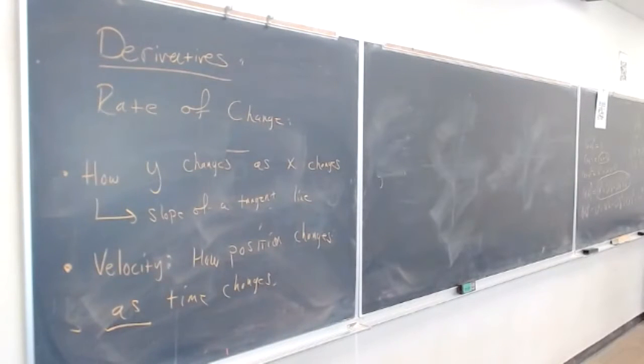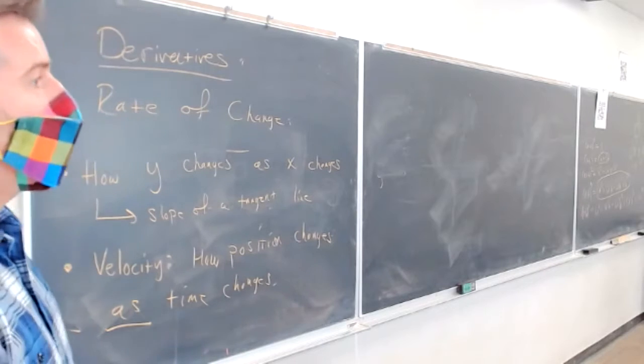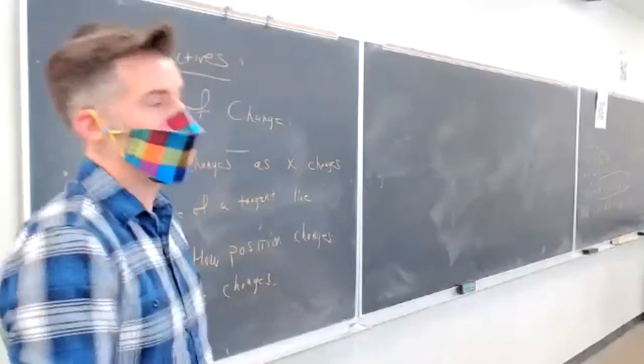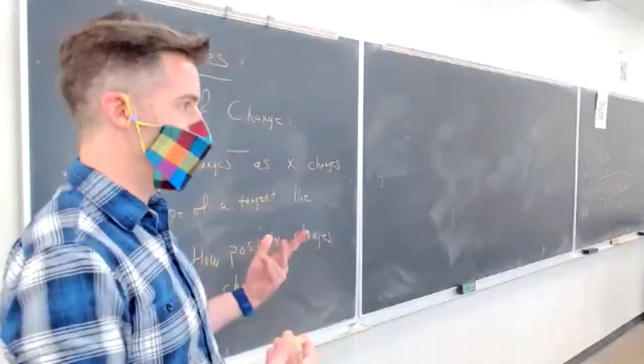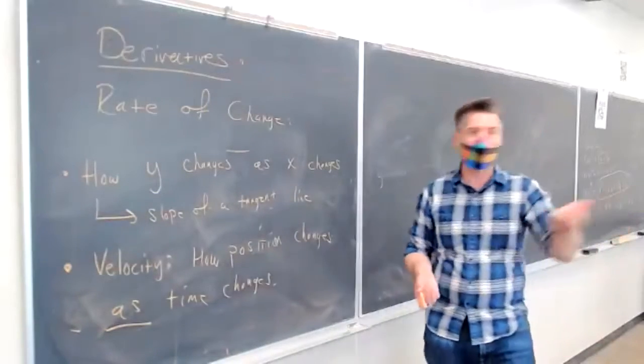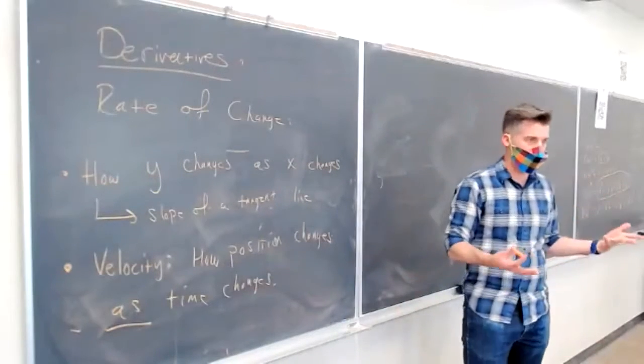That's the real key point to be aware of here. So when you're trying to find a derivative, you're just trying to find a rate of change. Often how something is changing as time is changing, but that's not the only thing. It's a frequent example. You're like, oh, how is this thing changing as time moves forward? Okay. Time is often the independent variable, but not always.